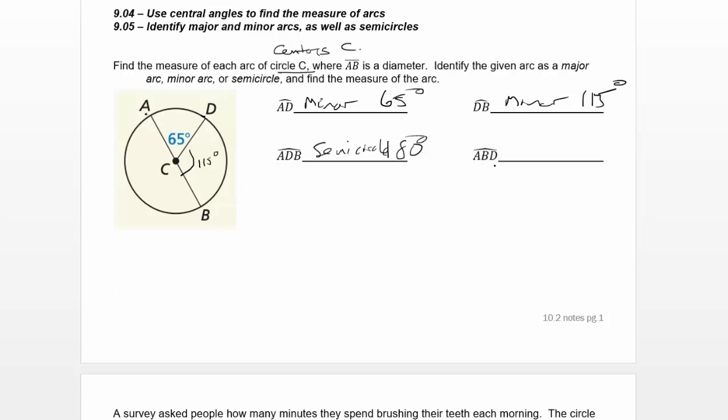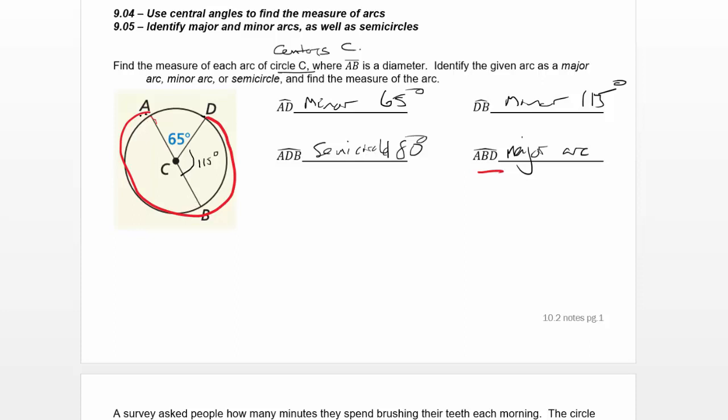ABD starts at A, heads toward B, and ends at D. This is a major arc. And what's its degree measure?